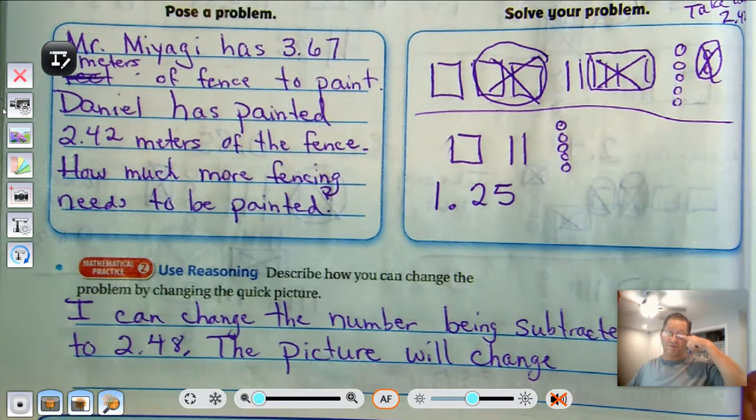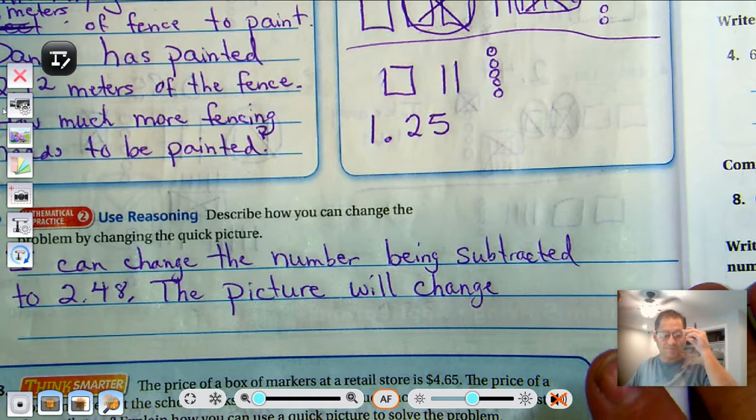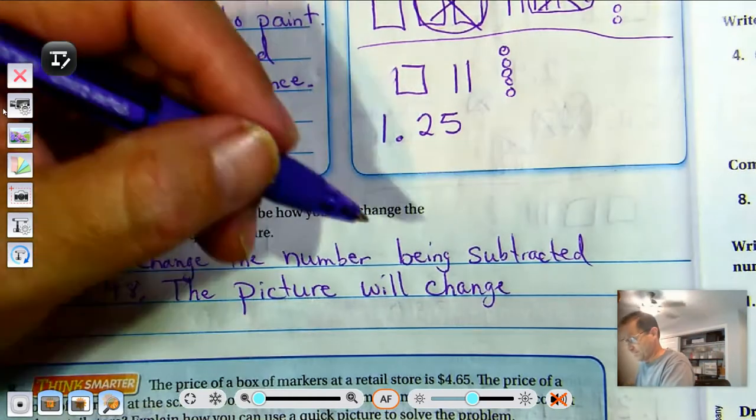The picture would change because you would have to regroup.